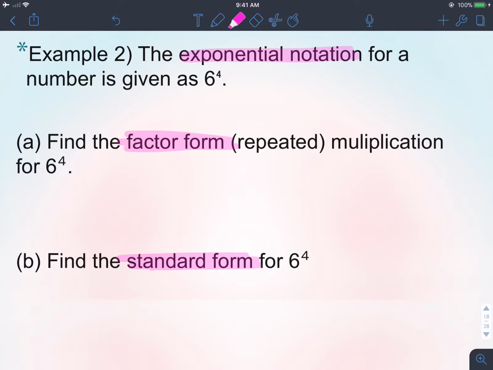Find the factor, form, or repeated multiplication for 6 to the fourth power. Yeah, write all the 6's out. Why am I doing this problem? Because in the homeworks, you've got to write that dot.